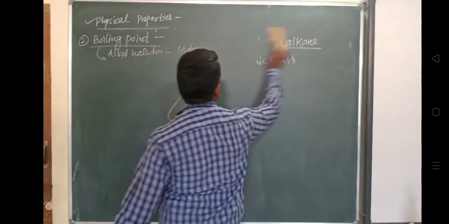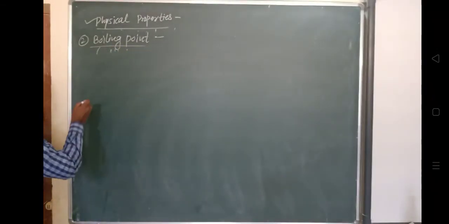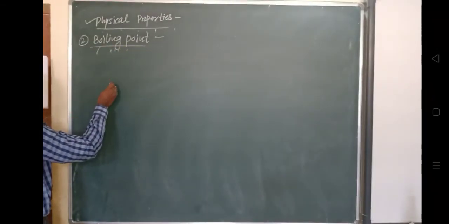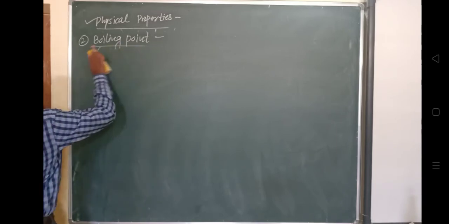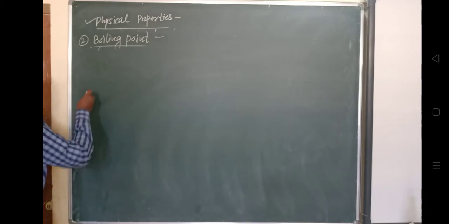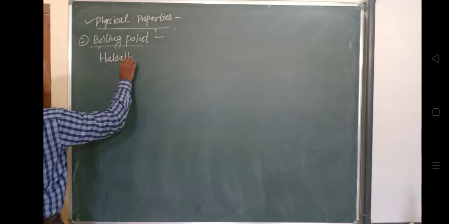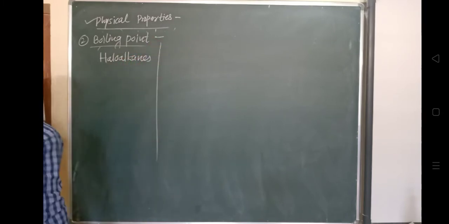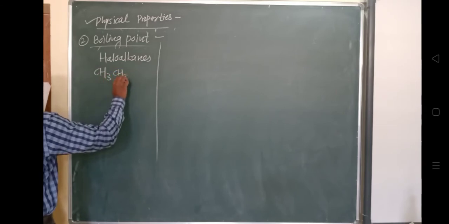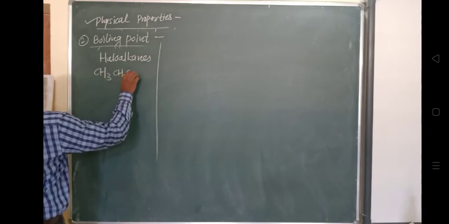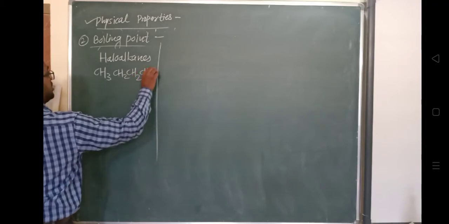You know isomers: different structures, same formula. Look at these haloalkanes. CH3CH2CH2CH2Br.